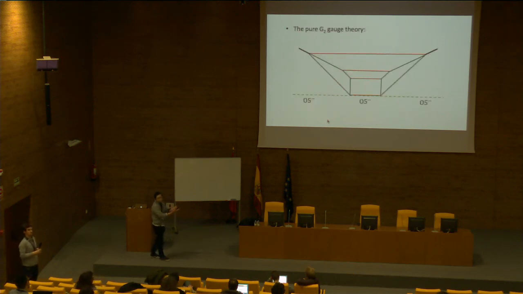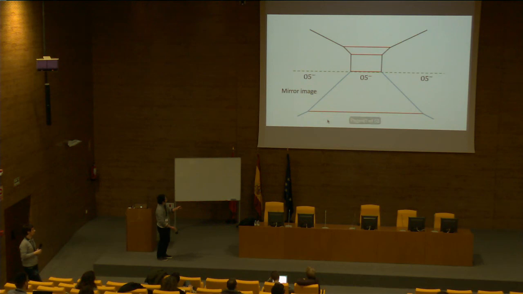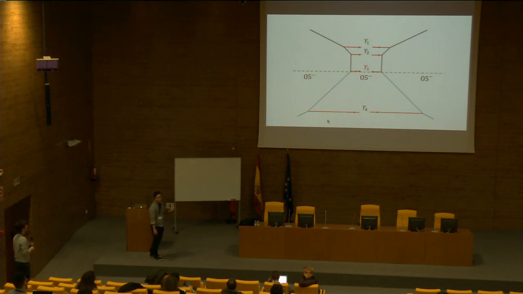Applying directly to the web diagram is a bit difficult because we don't know how to do it, but we can use a mirror image of this one, and then we go to this one. In this case, we decompose these web diagrams into vertices and lines, and to each vertex we assign a topological vertex and sum over the Young diagrams.